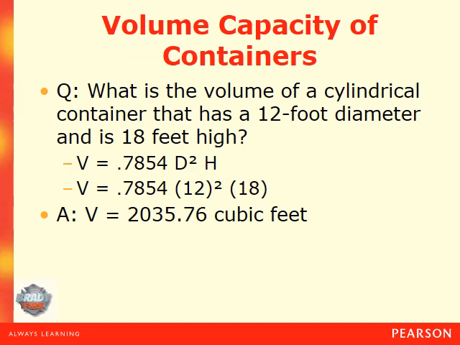Alright, looking at our cylindrical object. It has a diameter of 12 feet and it is 18 feet high. So 0.7854 times 12 squared times 18. Again, we need to multiply 12 times 12 first. That way we get the right answer. So 12 times 12 is 144.